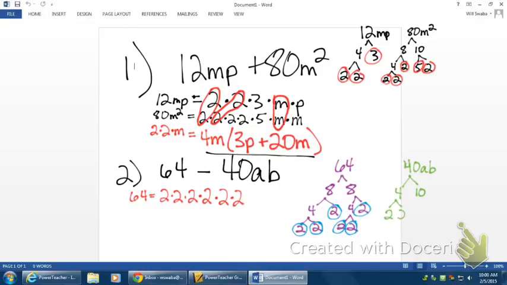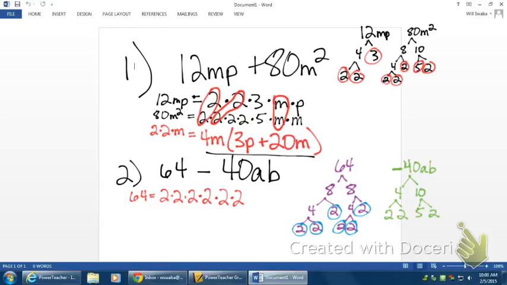And I have a 2 and a 2. So that's a negative 4AB. Now the 10. 5 times 2 is going to give me 10. I think it's probably easier when you write out the factored form, you can just write down negative 1. But yes, you can factor tree out a negative 1. That's perfectly fine.